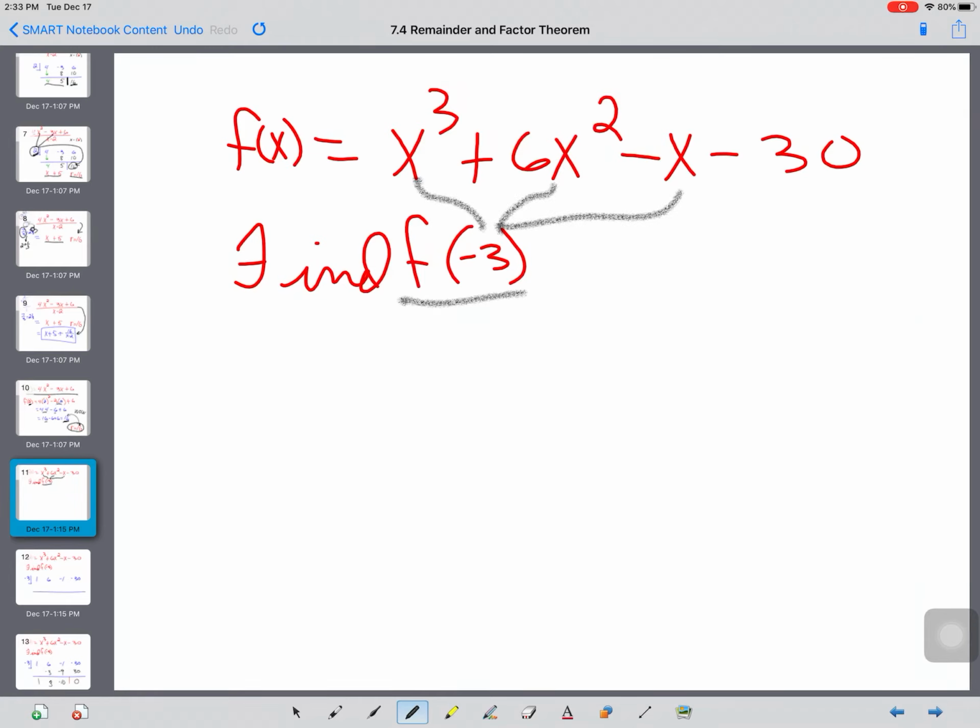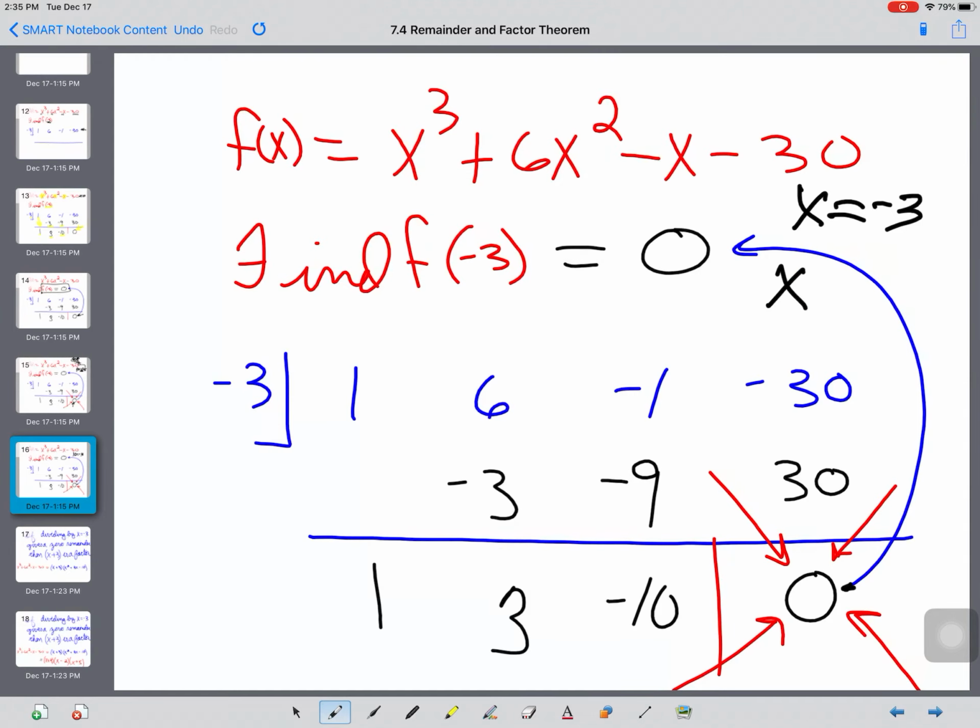Well, what that means for us is, in this particular case, when I did the division and got a remainder of 0, remember, on the previous problem, when I had x equals -3, what I was really dividing by was x plus 3, because I was dividing by x minus -3. Remember, it has to be in the form of x minus something.